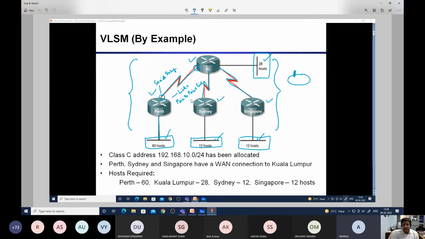We'll see this later. On a point-to-point link, which is connected through serial interfaces, Ethernet does not run. Ethernet is for shared media within a LAN. So these are dedicated links through which two routers are connected via serial interfaces.